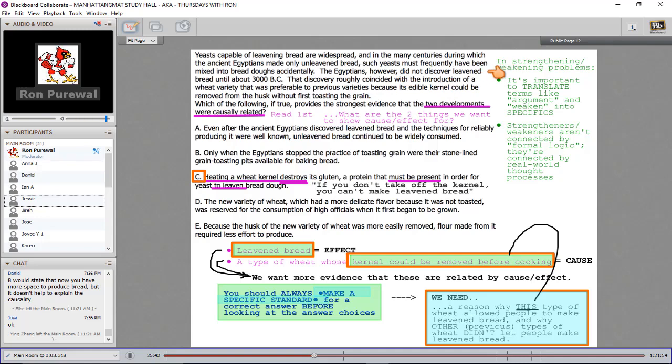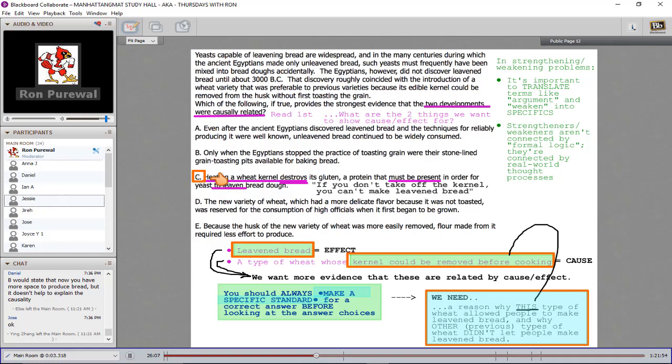And then they discovered how to make this stuff later. So that's the point. You don't even have to know what the words mean, but the entire argument is about this type of bread. And choice B still has nothing to do with this type of bread. In fact, neither do any of the other choices except for C.